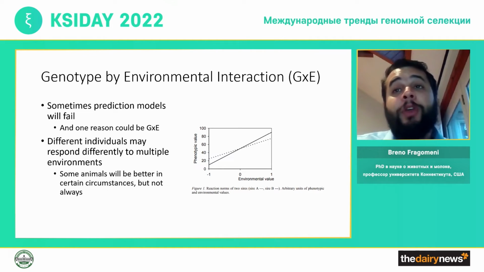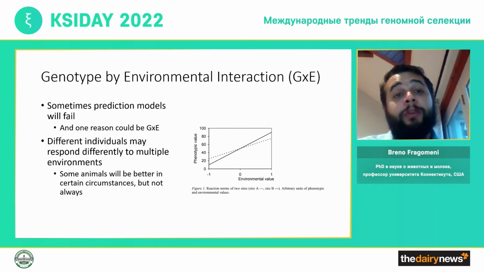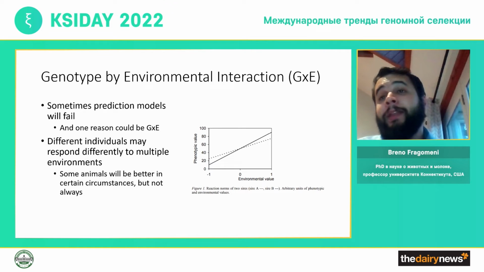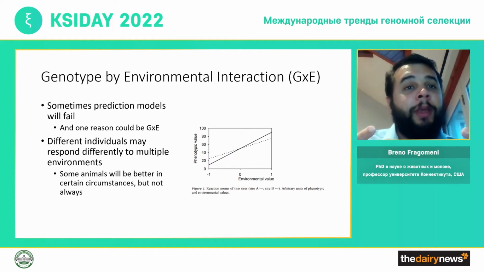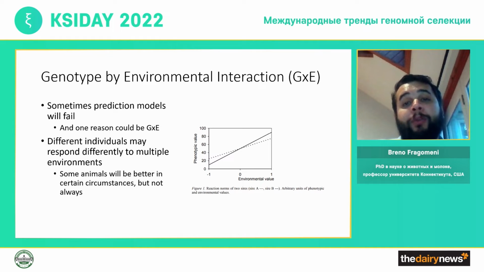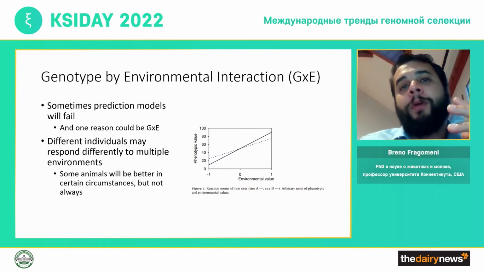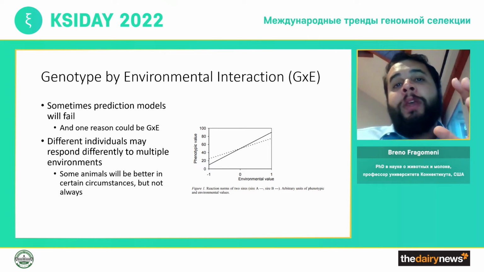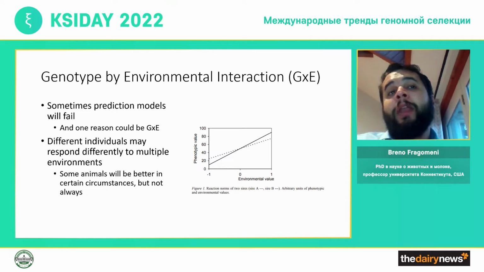Some animals are going to be very good in a very specific scenario and not so good in other specific scenarios. That can be a season. It can be animals that do better in the summer, animals that do better in the winter. They're not necessarily the same. It can be that animals are better. For example, in my research here, we are evaluating if the best animals for the region of New England, the Northeast USA, are also the best animals for California, because California has many more animals.